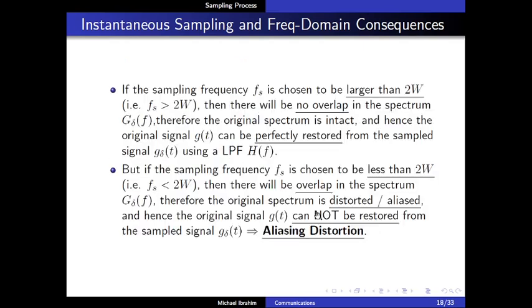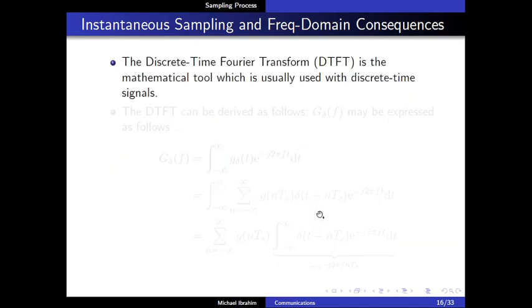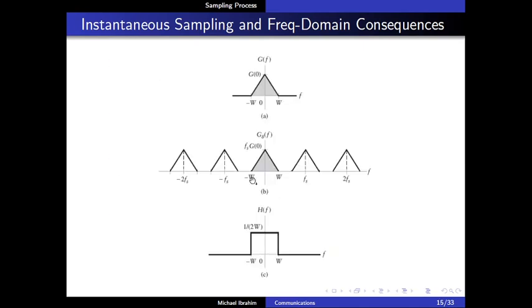Let's go back to the figure and take a closer look. Here, in the interval from minus W to W, G(f) and G delta(f) are exactly the same except for a scaling factor, Fs. So what we did in the integration is that we replaced G(f) with G delta(f). But someone might say, okay, but G delta(f) has this repeated spectrum which does not appear in G(f).